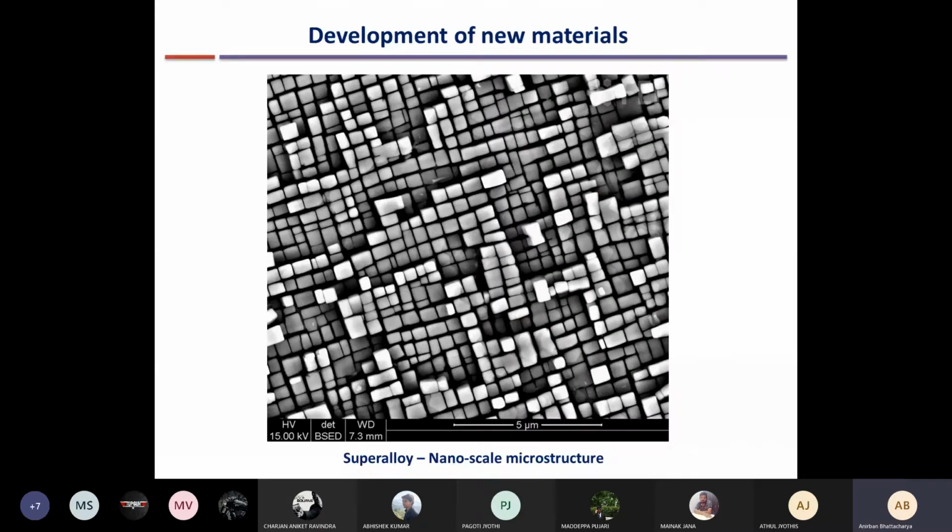Initially turbine blades were made with alloys like steel or nickel based alloys, basically nickel based alloys.